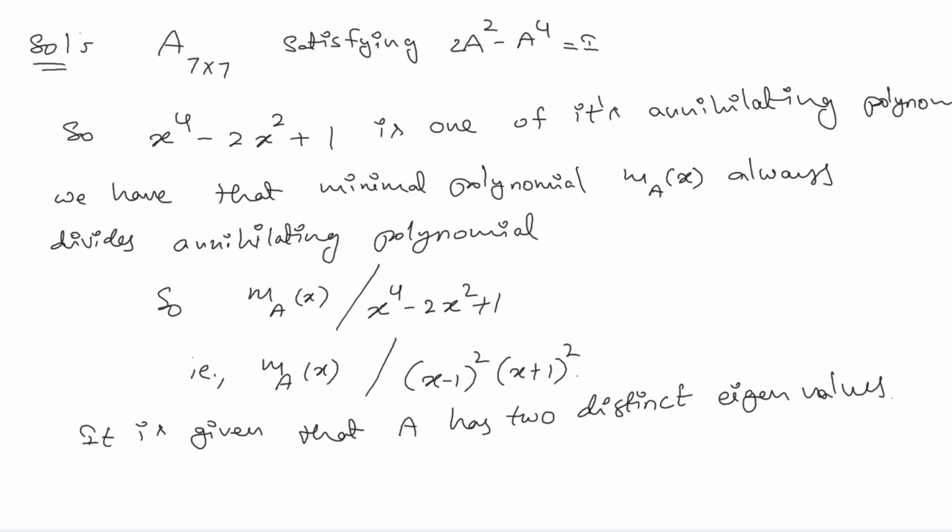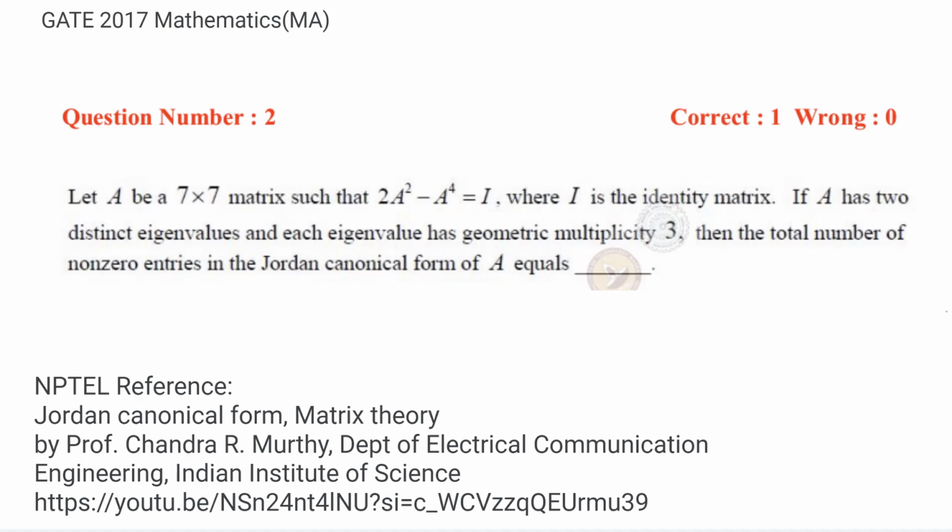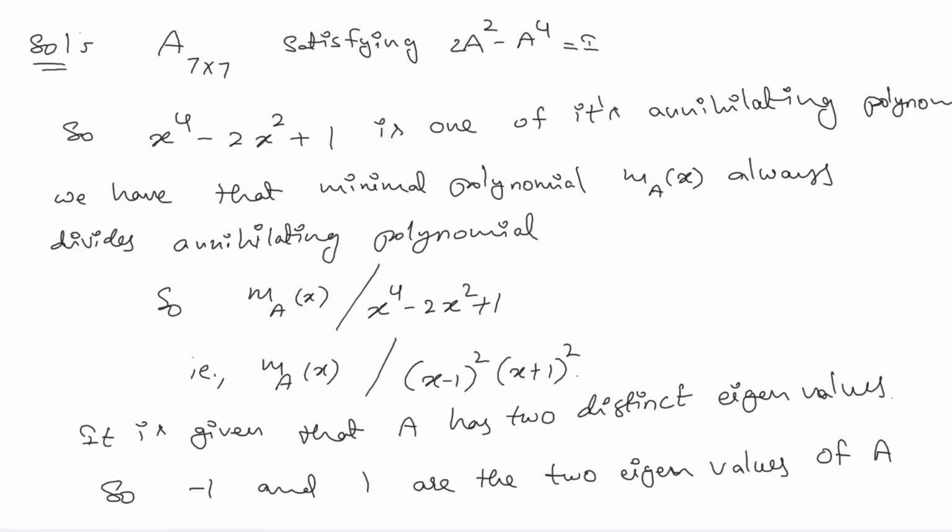As the minimal polynomial is a multiple of this polynomial, every root of this polynomial should be a root of the minimal polynomial, and hence those roots are nothing but the eigenvalues. So minus 1 and 1 are the two eigenvalues of A.